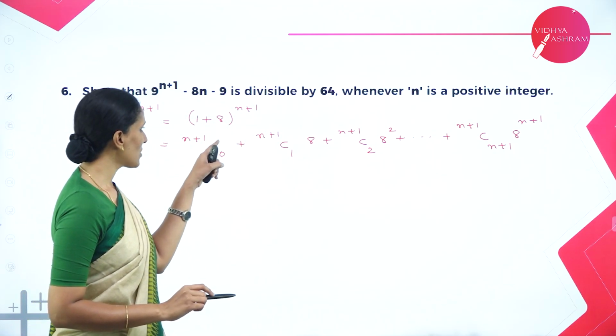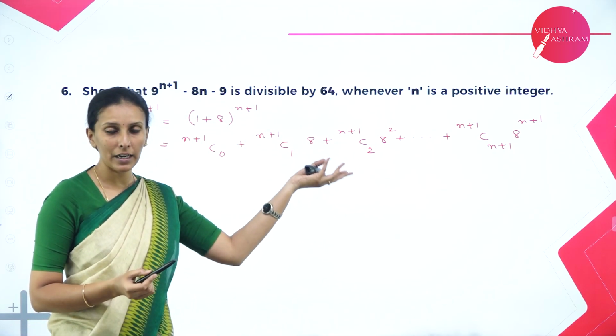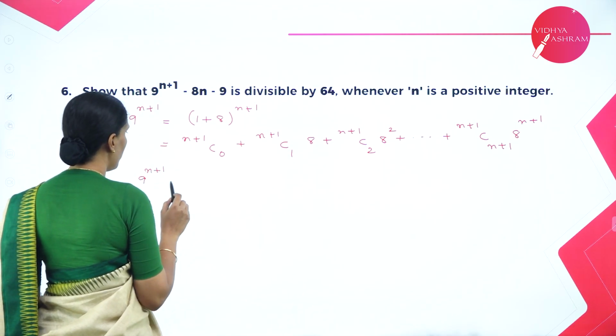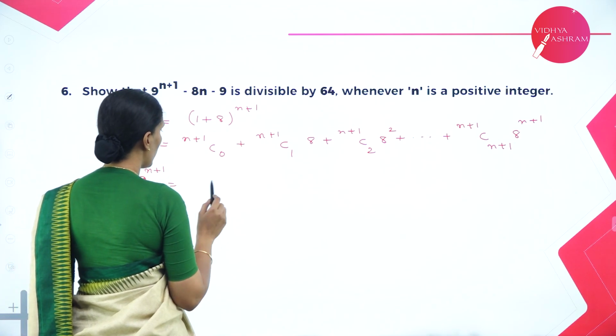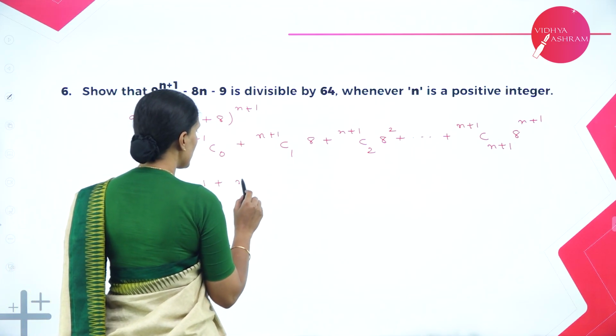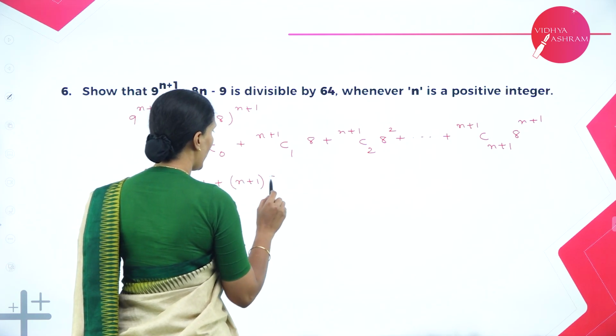If we take a as 1, how many times do we write a? It is 1 only. So in 9 to the power n plus 1, n plus 1 c0 is 1, and n plus 1 c1 is n plus 1 into 8.